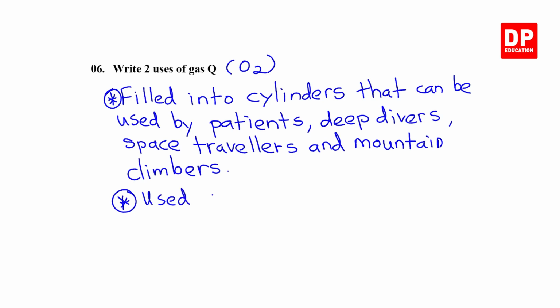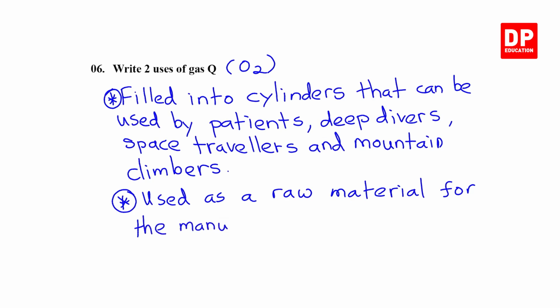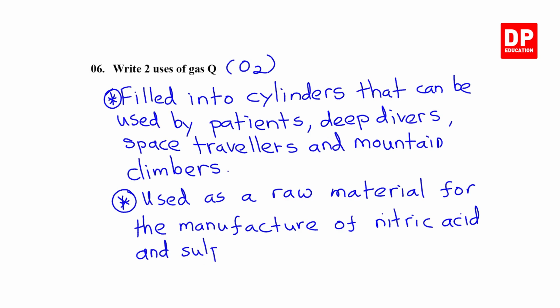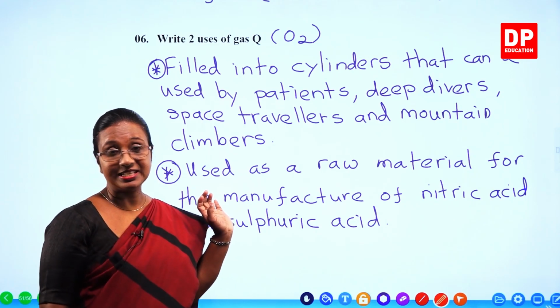Used as a raw material for the manufacture of nitric acid and sulfuric acid. So those are uses. So the uses of oxygen gas, students.